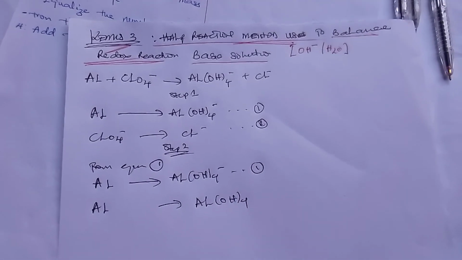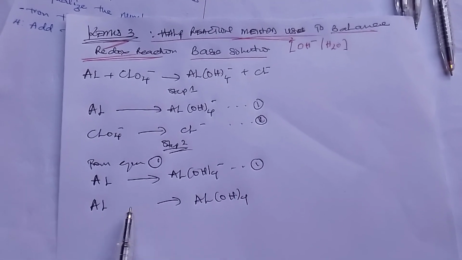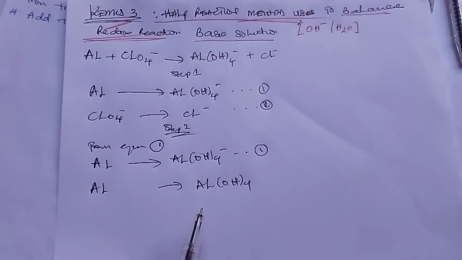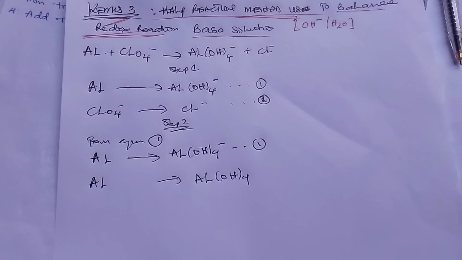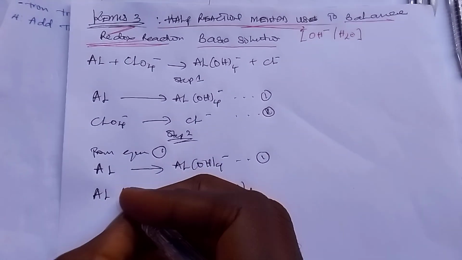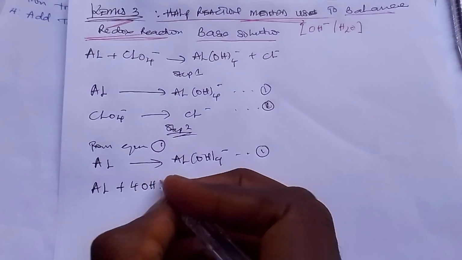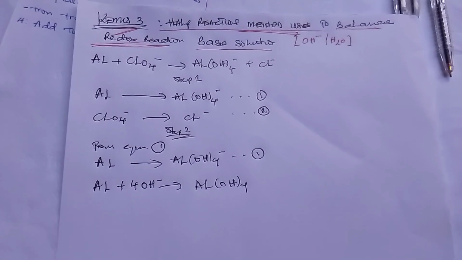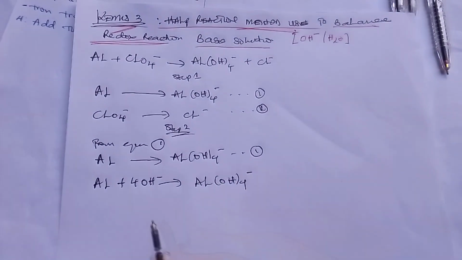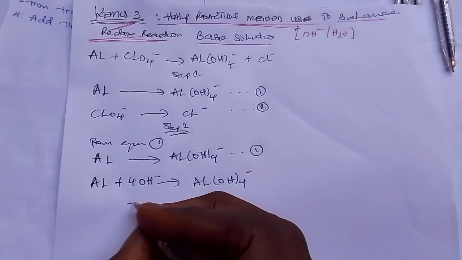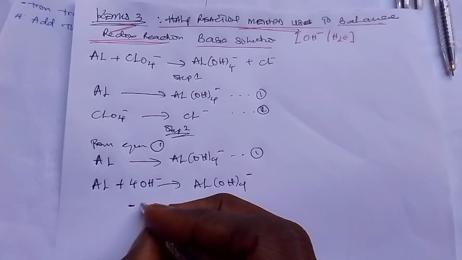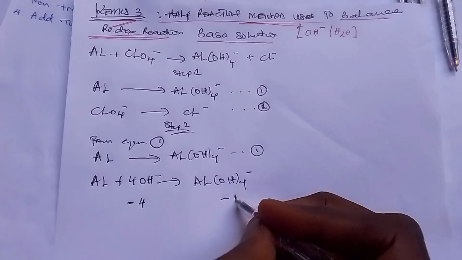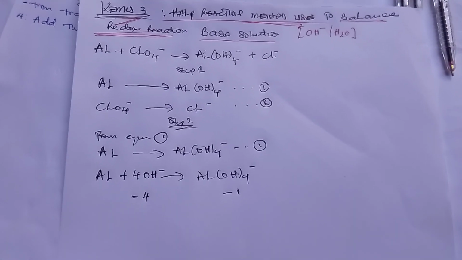What I'm going to add here is 4 hydroxyl to balance the hydroxyl at the left hand side. All right. I have 4 hydroxyl, so this equation is balanced. But meanwhile, there are 4 anions at the left hand side.